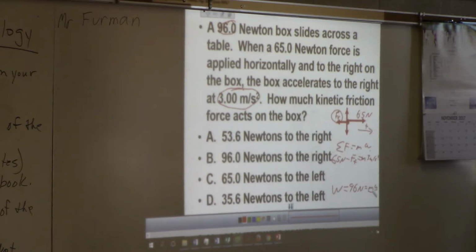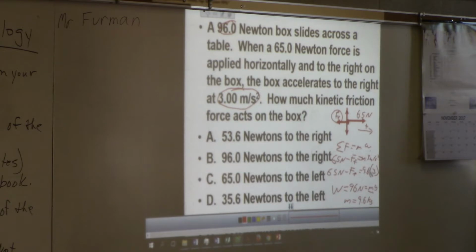I'm going to use 10 because I like to divide by 10. So that tells me the mass is 9.6 kilograms. So all of a sudden I've got 65 newtons minus force of friction is equal to 9.6 times 3. I'm going to leave my units off because I'm running out of room over here.